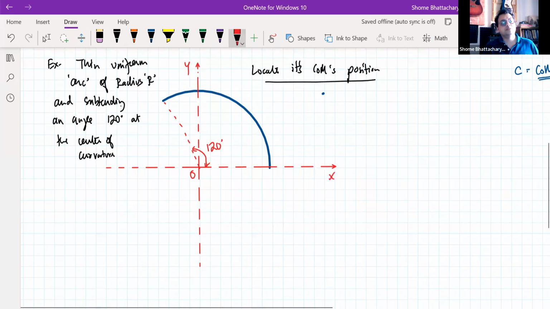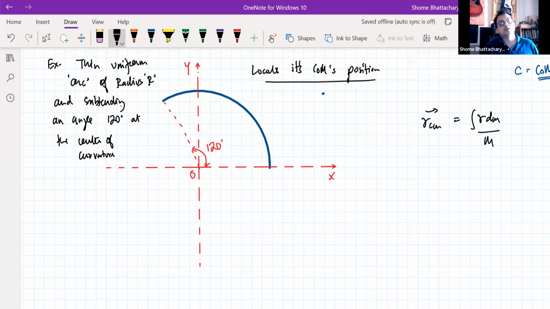Obviously we will make use of the concept of center of mass, that the position of the center of mass is integration r dm divided by total mass, where here dm will be which type of element? dm will be lambda dl type of element because this is a linear distribution of mass. This much is clear to begin with for all of you.